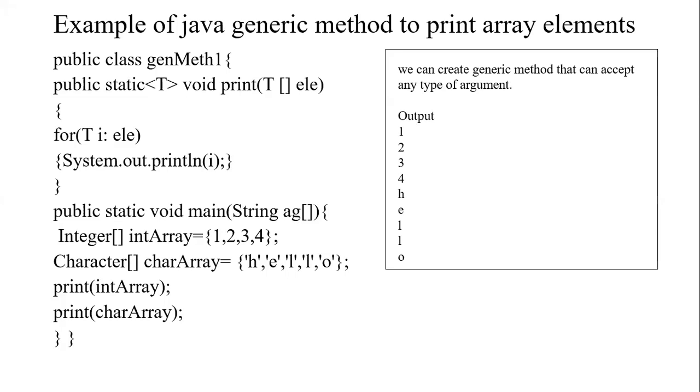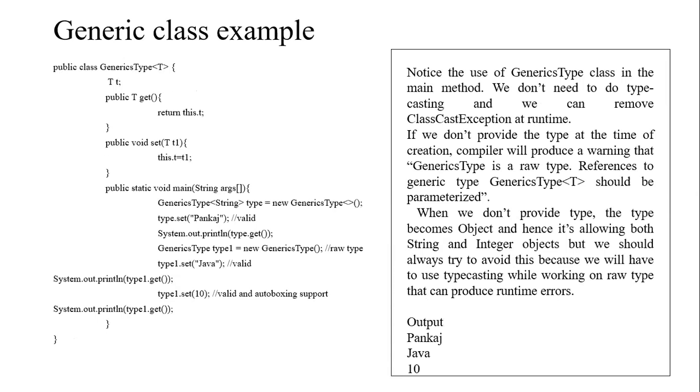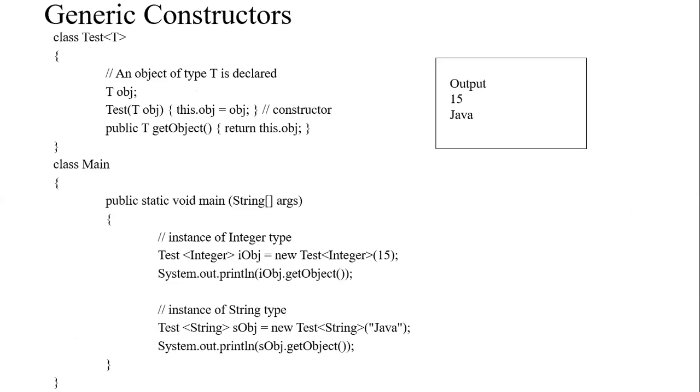First, be clear with what generics is and how generics can be used by going through the program I have displayed on the screen now. Once you are clear up to this point, then you can go through how generic classes can be used, examples are there, and how generic constructors can be used.